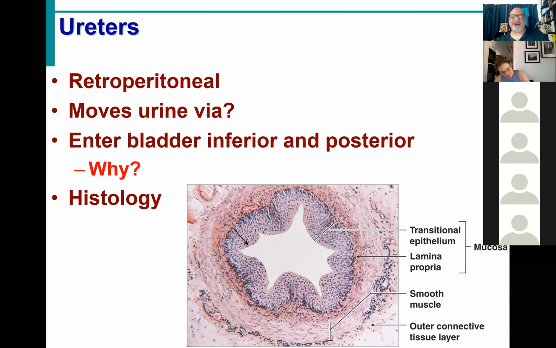Notice one of the key characteristics of our transitional epithelial tissue is that the cells typically get bigger from the basal surface to the apical surface. And notice on the apical surface, we have these big block-shaped cells.